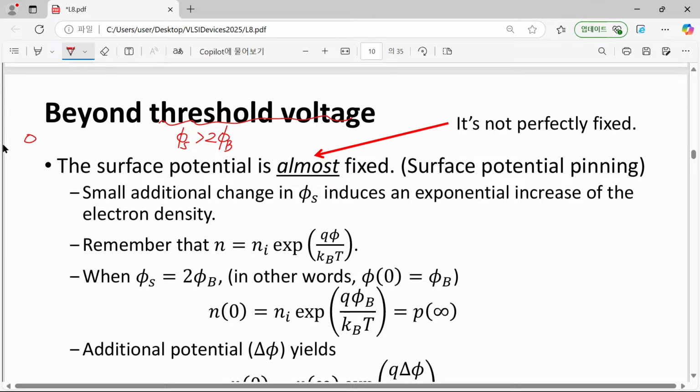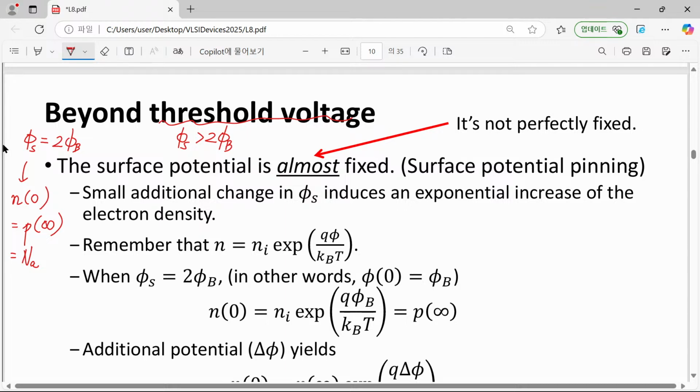If we have phi s equal to 2 times phi b, then what we can expect is that electron density at the interface becomes just the hole density at the deep substrate, corresponding to Na. This is typically quite a high number, 10 to the 17 or 18 per cubic centimeter, so this is quite a high number.